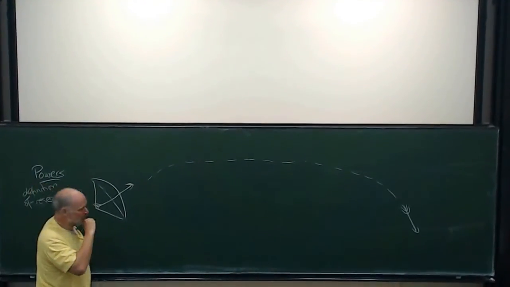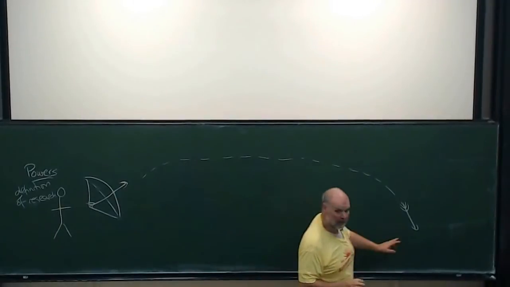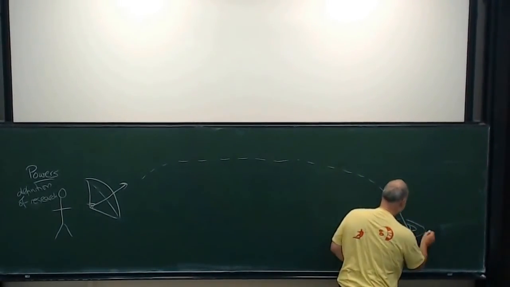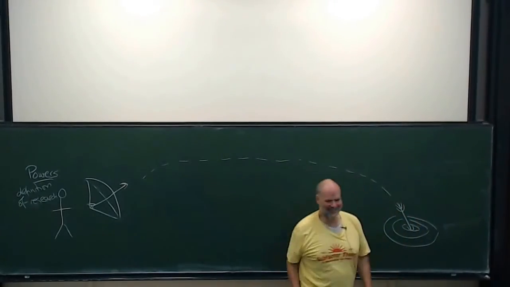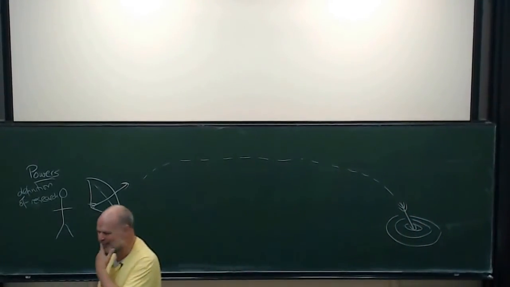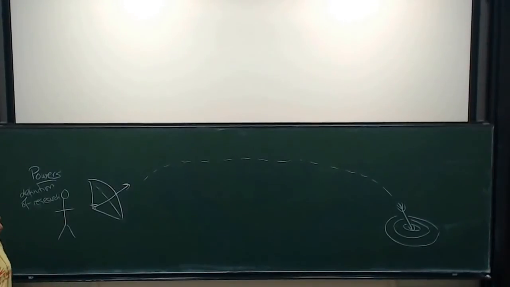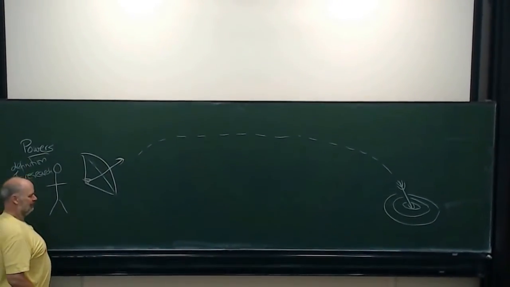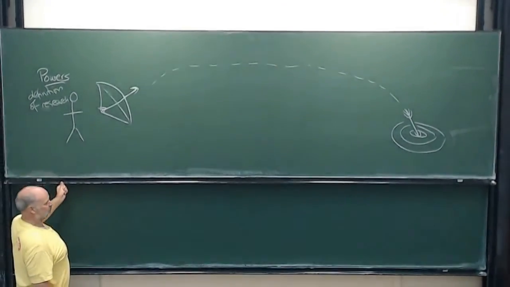And now comes the research part. You simply see where it's landed, and then you draw a target around there. So this, as I said, this talk will be in large part an illustration of this theory in practice.